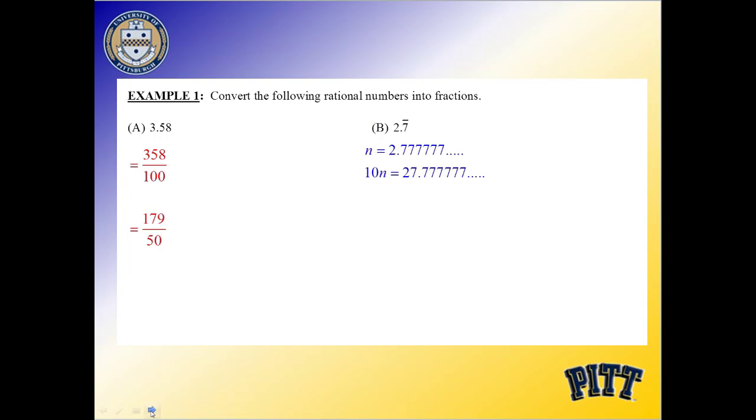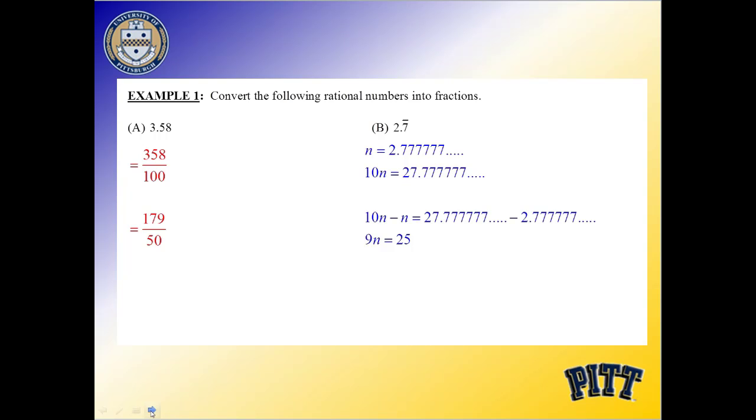Because what I can do at this point is subtract them. So if I do 10n minus n, I would get 27 point repeating 7s minus 2 point repeating 7s. When I carry through the subtraction on the left, I get 9n. When I carry through the subtraction on the right, I just get 25. The repeating pattern of 7s after the decimal point disappears.